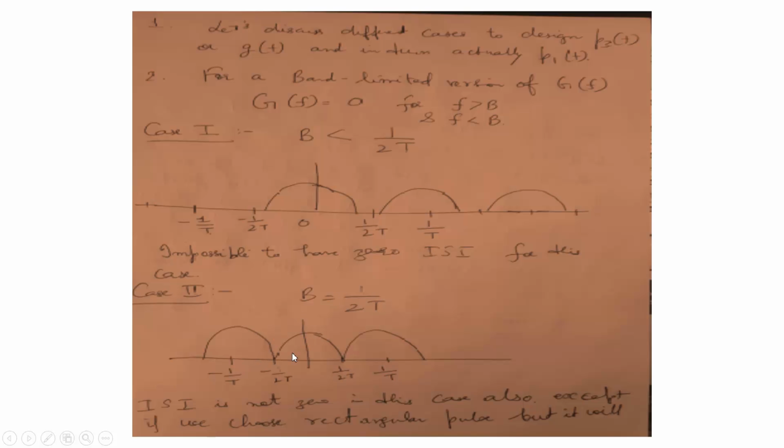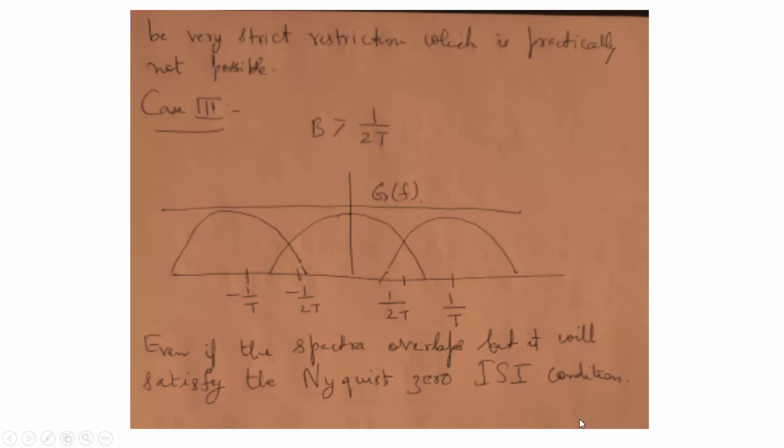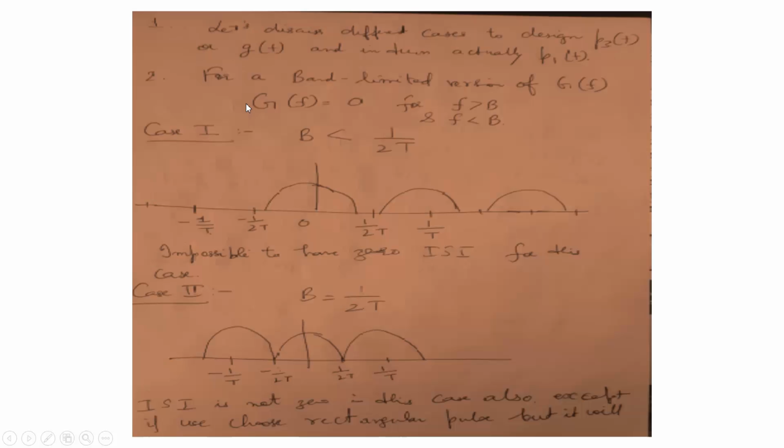This can lead to 1 only when we choose a pulse shape to be rectangular. ISI is not 0 in this case also, except if we choose a rectangular pulse, but that is a very strict restriction, which is practically not possible because we cannot generate absolutely rectangular pulses, as there has to be certain roll off. So the 0 ISI condition will not be true.